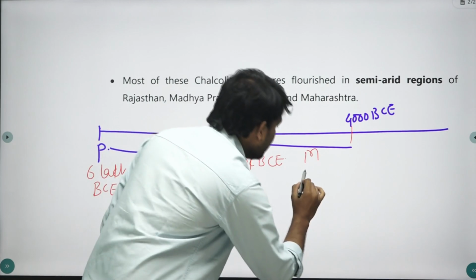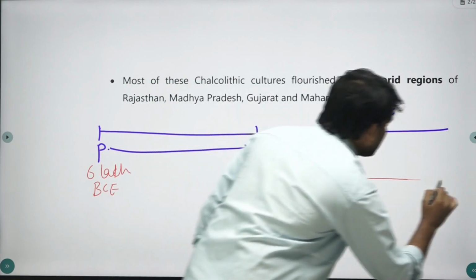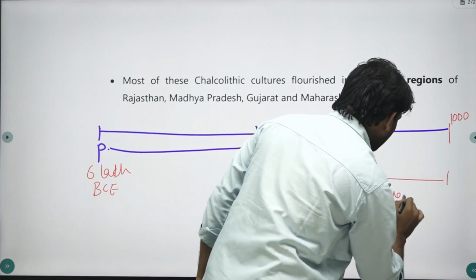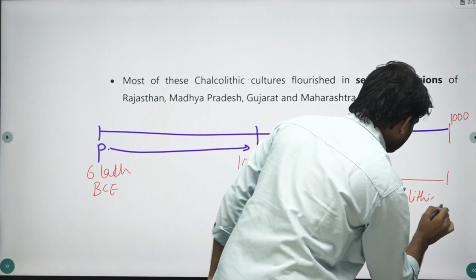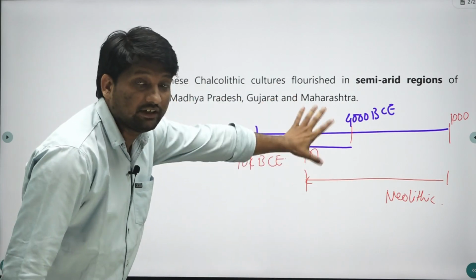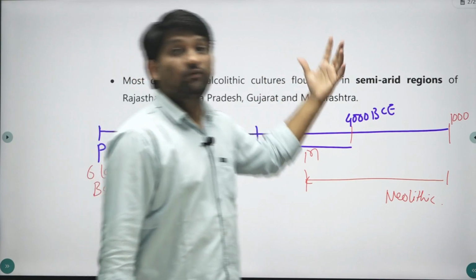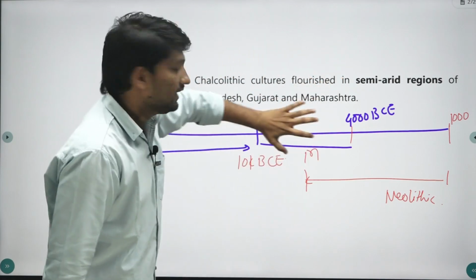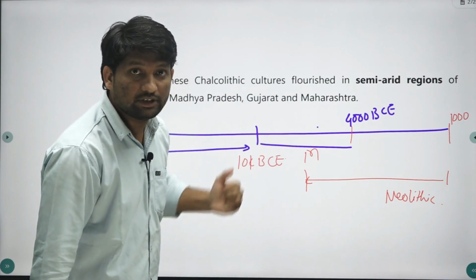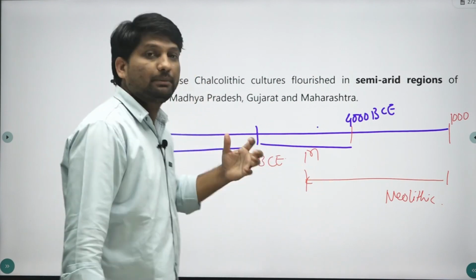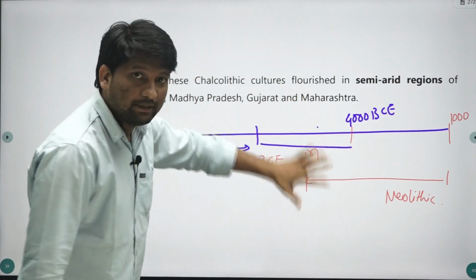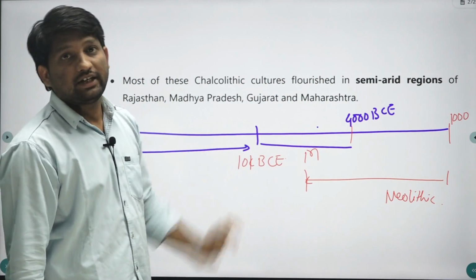From 7,000 to 1,000, we have the Neolithic phase. So we have already seen why the Mesolithic and Neolithic were at the same time in different regions, because sometimes in some regions people were still using microliths, which we call the Mesolithic culture, and in some regions people had started using polished stone tools. So it's possible that in the same period in different regions there may be different cultures.